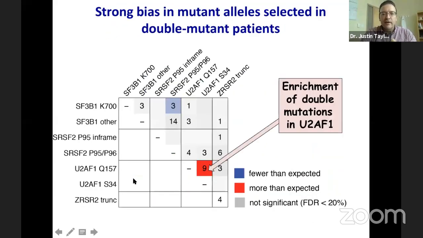And then another pattern that we noticed was enrichment of two mutations in U2AF1, so having a co-occurring S34F and Q157R.